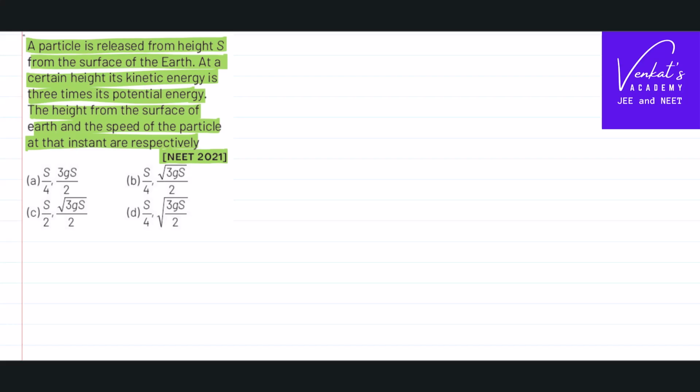Let us try to understand what it means. This is the earth. Assume this is our earth surface. From the earth's surface, at a height s, a particle is released. Release means its initial velocity is 0.